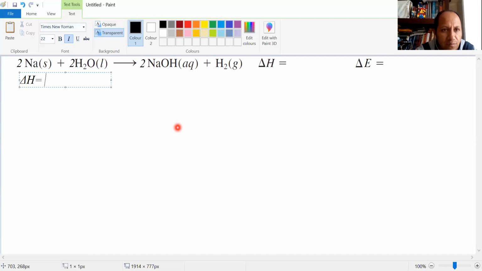Let's do the products, right? So it's going to be 2, open parenthesis, times the enthalpy for the products, in this case for sodium hydroxide. If you check for sodium hydroxide in the chart, you're going to find it always as the solid, but this is aqueous. So aqueous is another one you will need to search for.